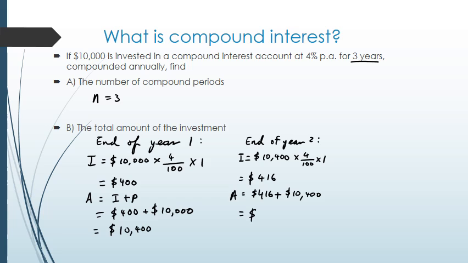We would then get $10,816. But hang on, this goes for 3 years, so then this new amount becomes what we start off with for the third year.